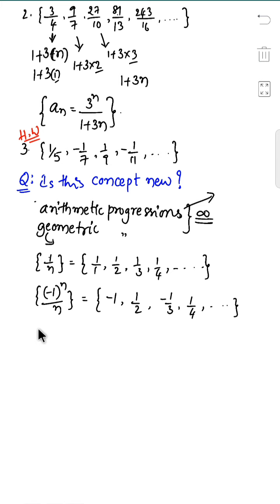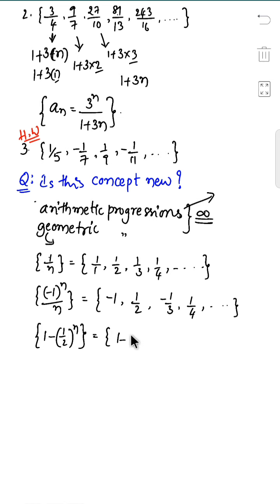Another example can be (1 minus 1 by 2) all to the power of n. If you can write so many examples, that would give you a deeper understanding of the sequences.